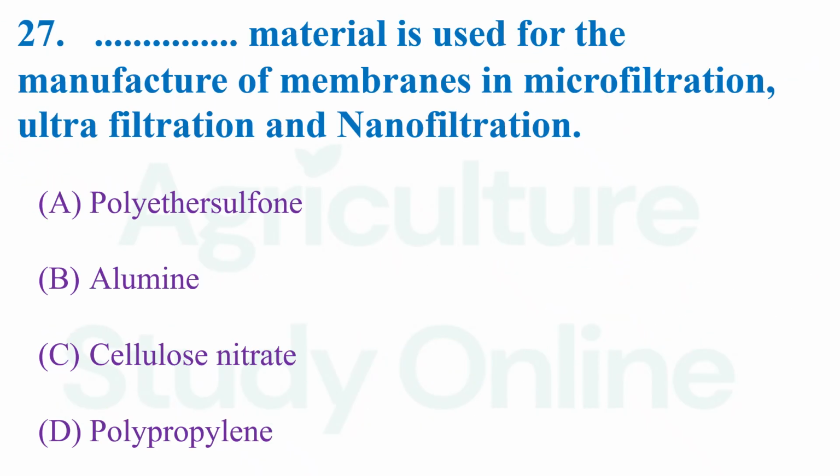Question 27. Dash material is used for the manufacturing of membranes in microfiltration, ultrafiltration and nanofiltration. So it is polyether sulfone. This is one of the most widely used materials for microfiltration, ultrafiltration and nanofiltration. Why?